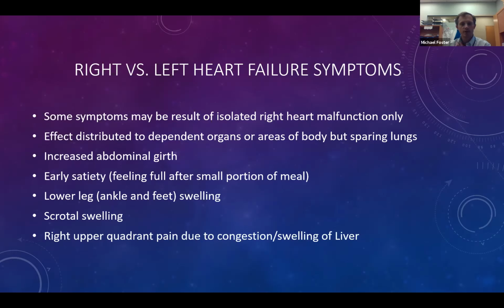However, we do have patients that have isolated right heart failure that would only have increased swelling in the legs, the veins of the neck, and the liver, and absolutely not have fluid within the lung space. The patients will still feel fatigued due to the buildup of fluid, but the oxygenation may be unhindered.